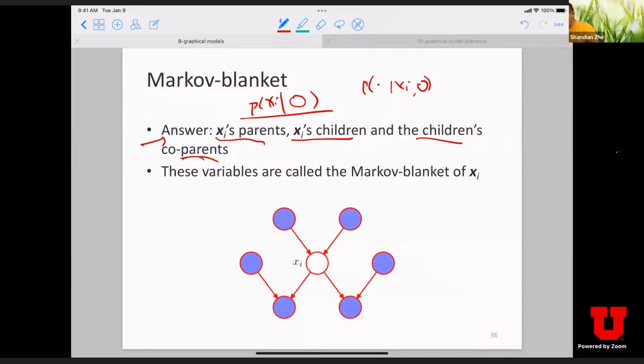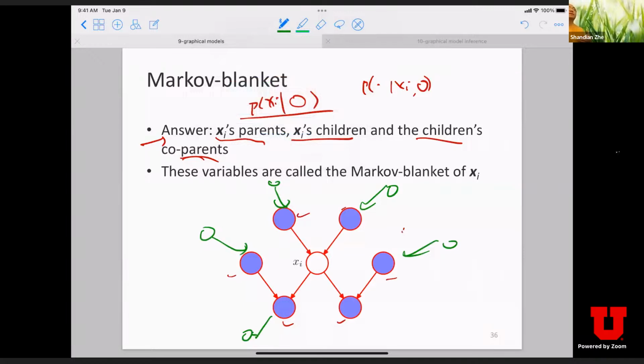But you can also look from the graphical model point of view. If you look at the Bayesian network structure, this is a particular xi. Take xi's children, xi's parents and co-parents. For all the other variables, the way they connect to xi always has some structure like head to tail or tail to tail.